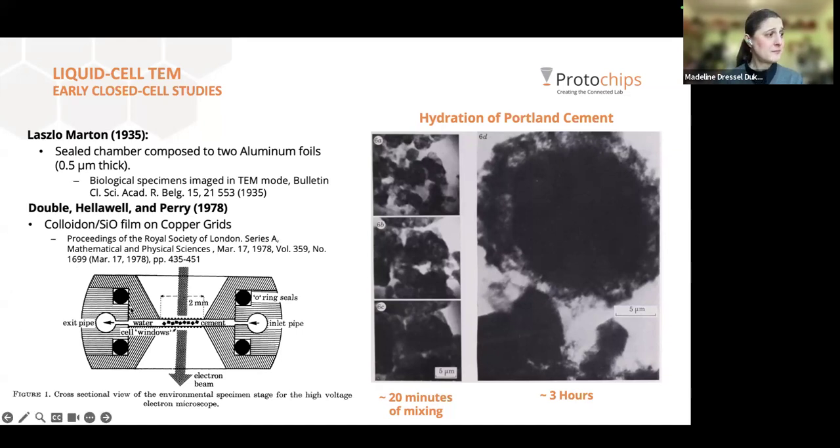They had the two membranes, they had their hydrated cement solution, they were able to inject liquid, and they took images looking at how that cement forms. Of course, they're working with very thick layers, so the resolution is not particularly high, but the intent to do this sort of work was always there.